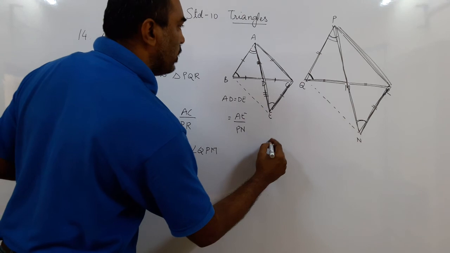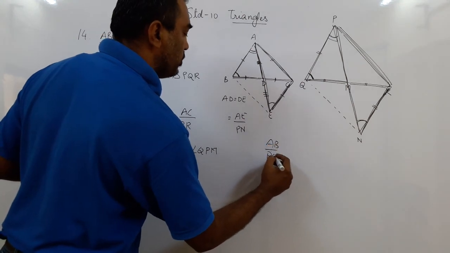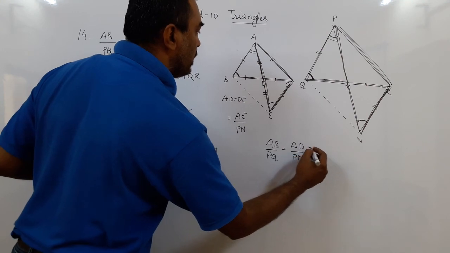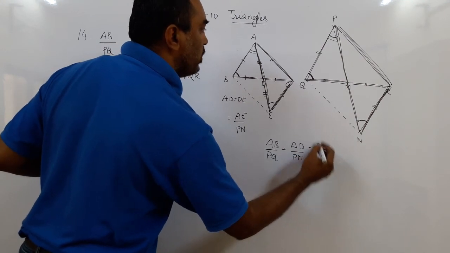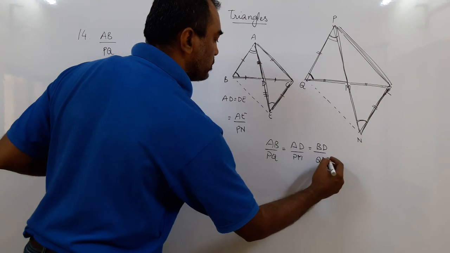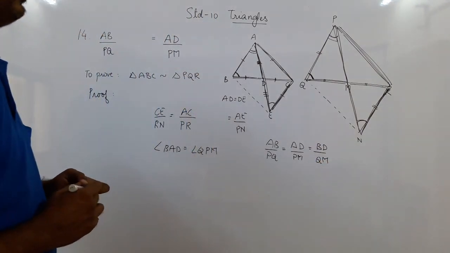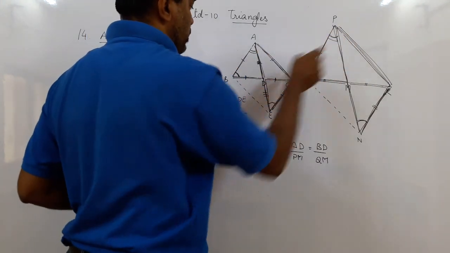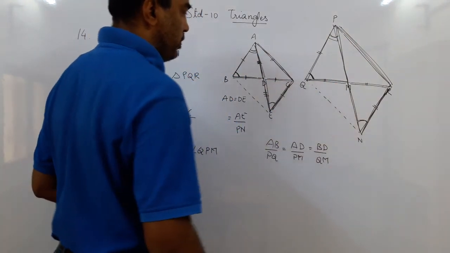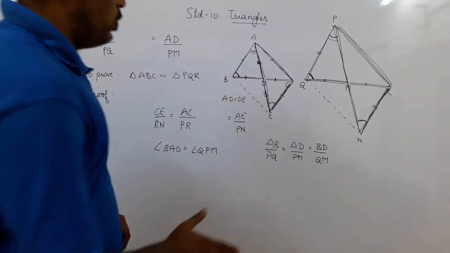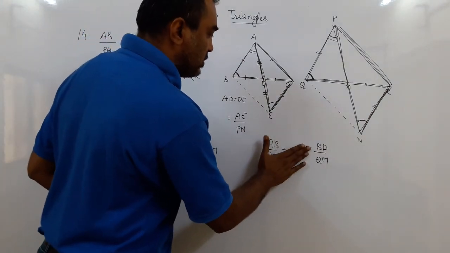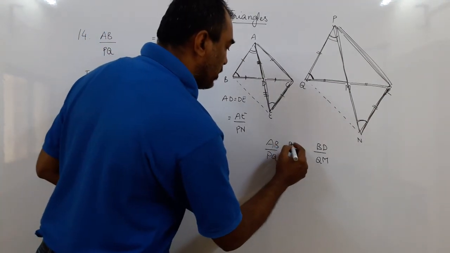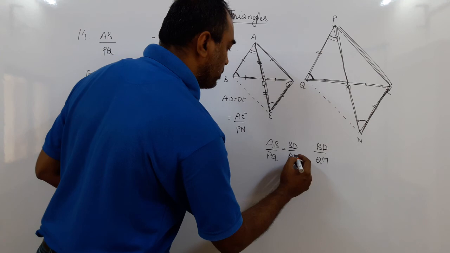So we now have AB upon PQ equal to AD upon PM equal to BD upon QM. Right? Now, I do not want this. So I'll just take this. We have got AB upon PQ equal to BD upon QM.